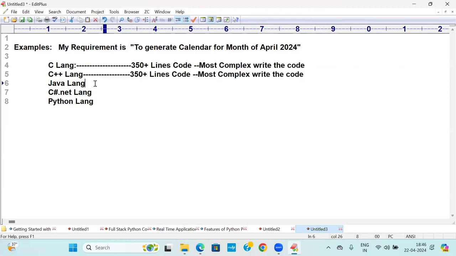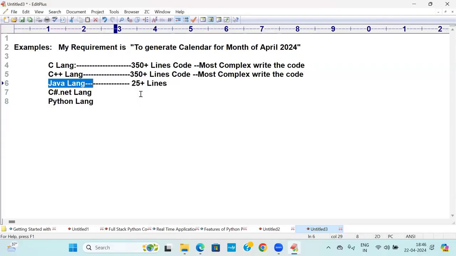When you come to Java and C#.NET, you are writing 25 plus lines of code. See that: 350 lines here and 25 lines here. Definitely students will be attracted towards which language? Java.